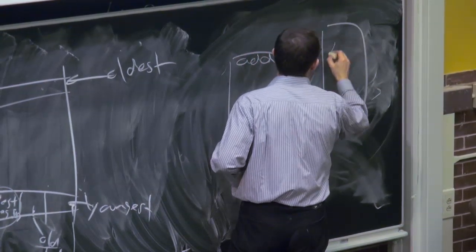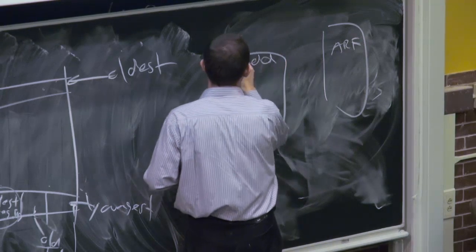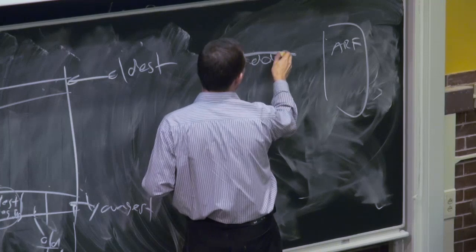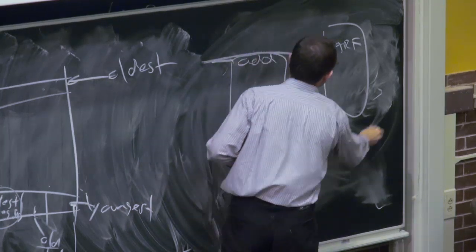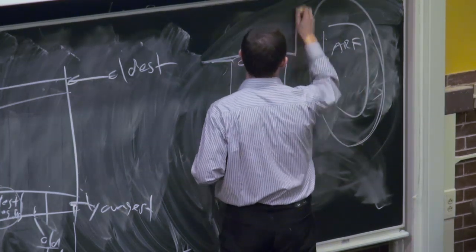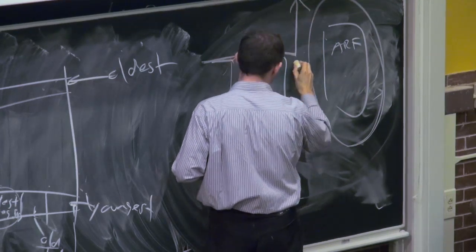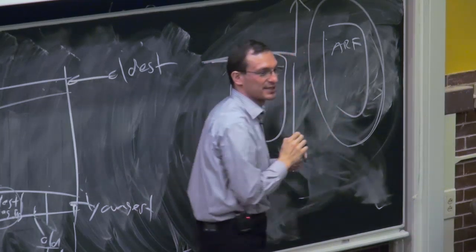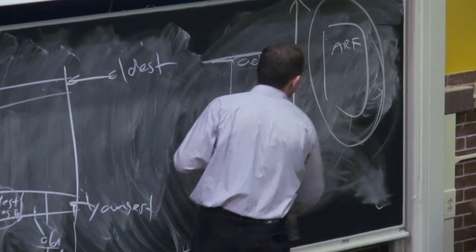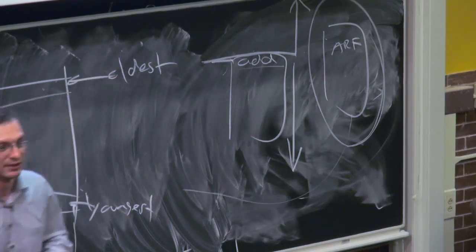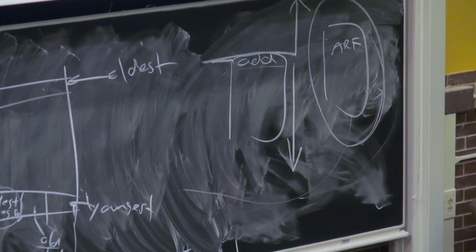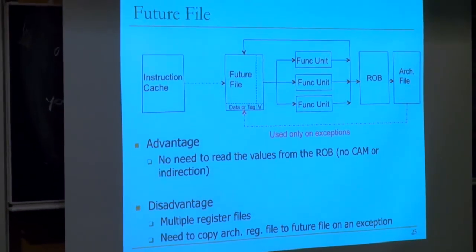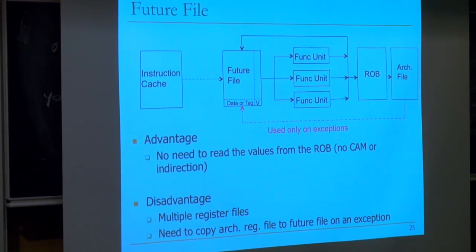Because the architectural register file is updated when the oldest instruction in the machine completes, now you know that before you retire this add, you're at a precise state in this architectural register file. All previous instructions have retired, committed, and no later instruction, including the add, has updated the architectural register file. So you can safely take this architectural register file and copy its state to the future file and restart execution. OK. Well, that's a disadvantage, but that's a necessary evil that you need to do.